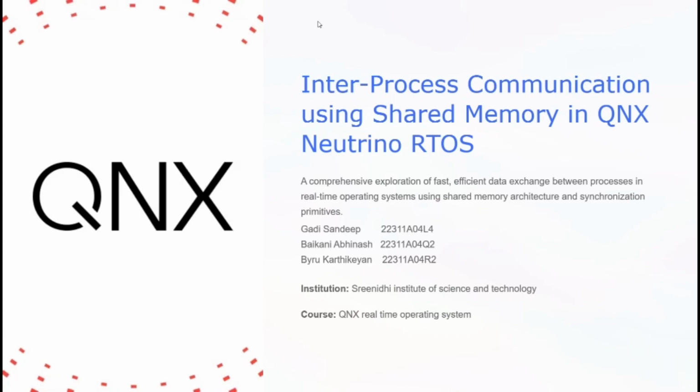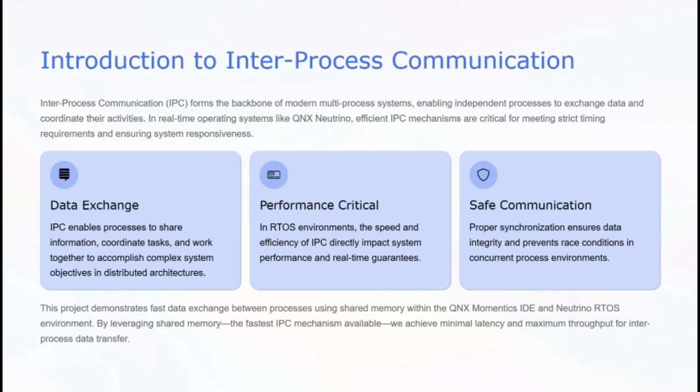So, an introduction to interprocess communication. IPC mechanisms are the backbone of modern real-time operating systems. It is the exchange of data between different processes, and it essentially includes three main features.